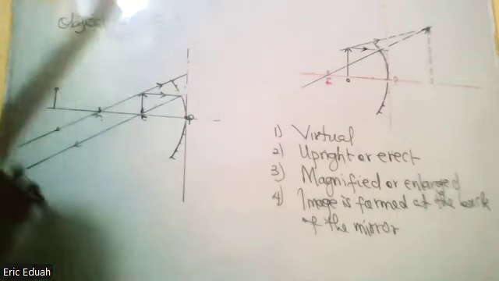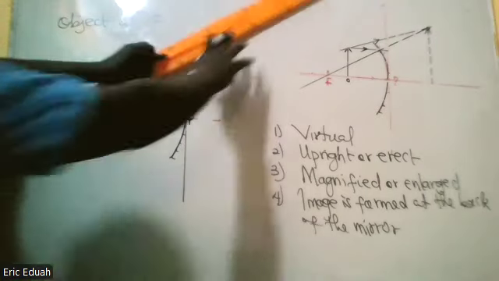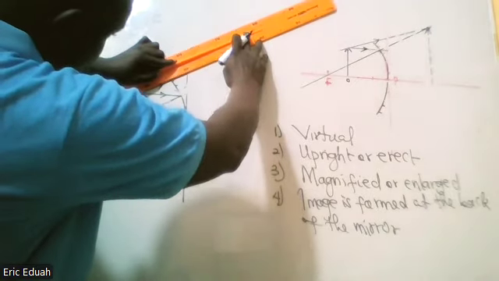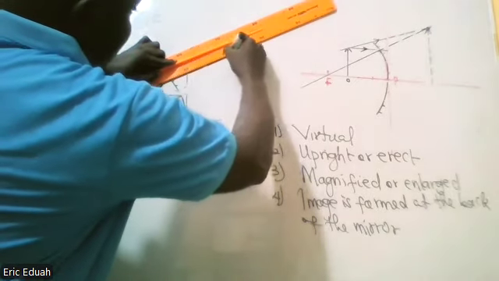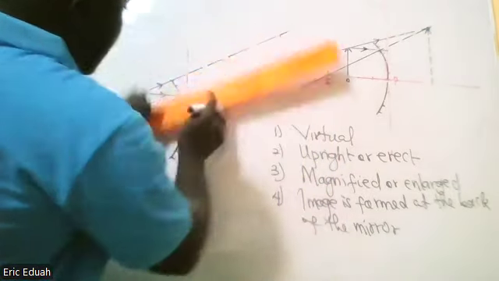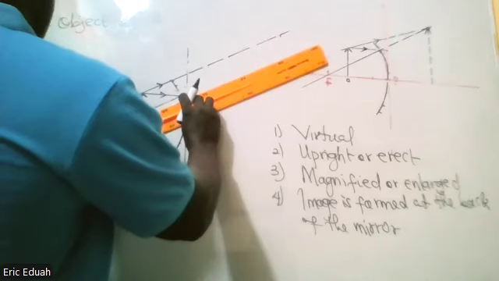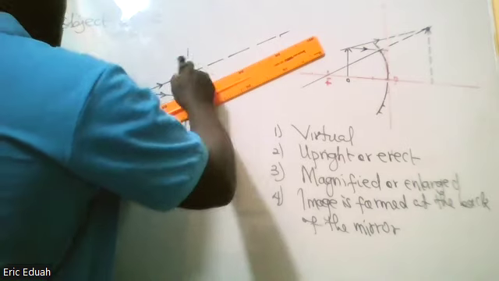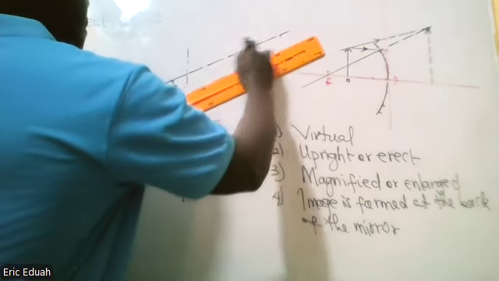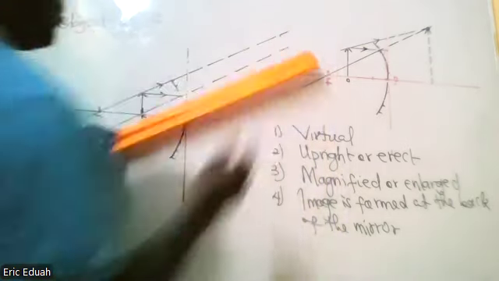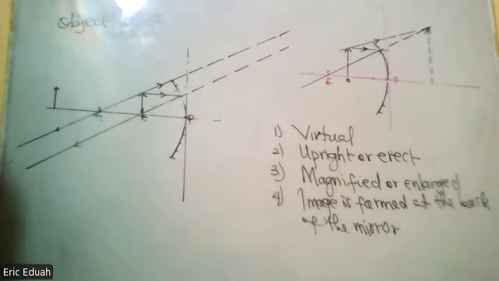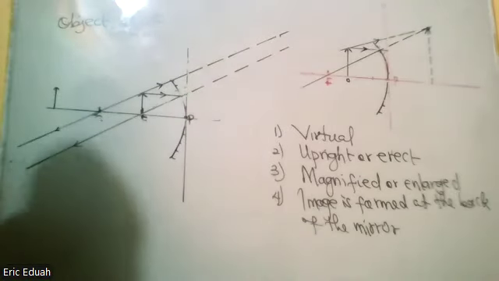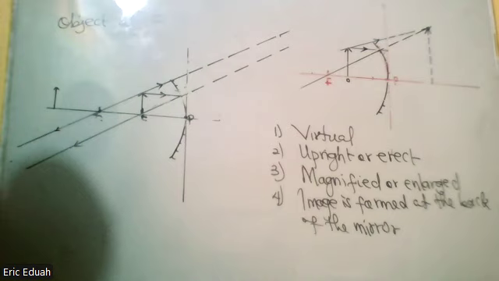Now what happens is that the rays will never meet in front, neither will they meet at the back, no matter how far you extend them. What it simply means is that the two rays are directly parallel to each other.